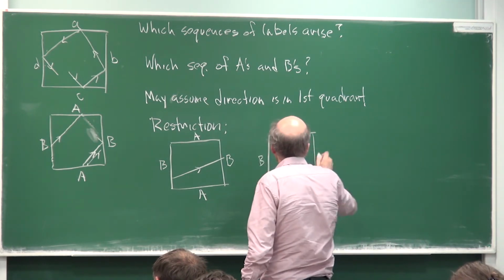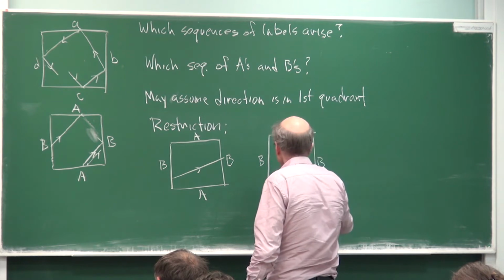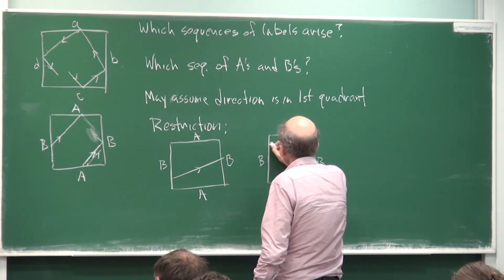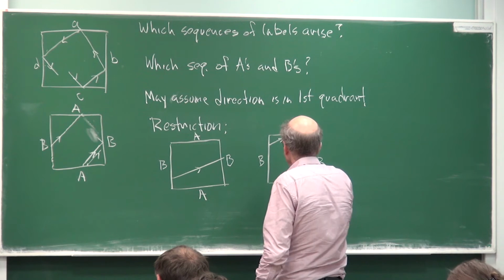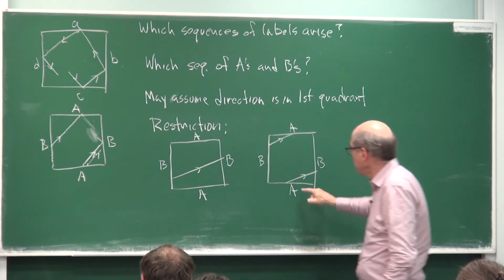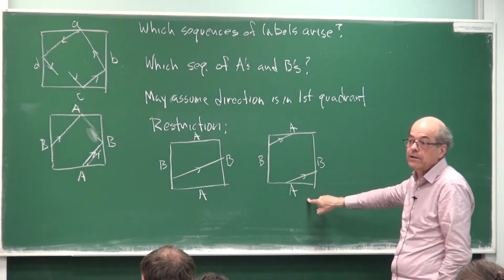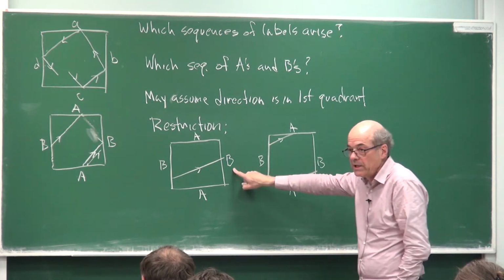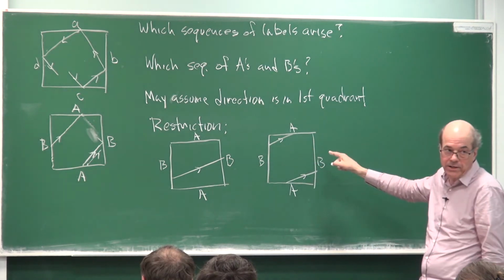So we can see that in the future, we might get a B and an A. We might get two B's again. We might get an A and a B, but we'll never get an A and an A, right? So if at some point we see two B's, we never see two A's, okay?